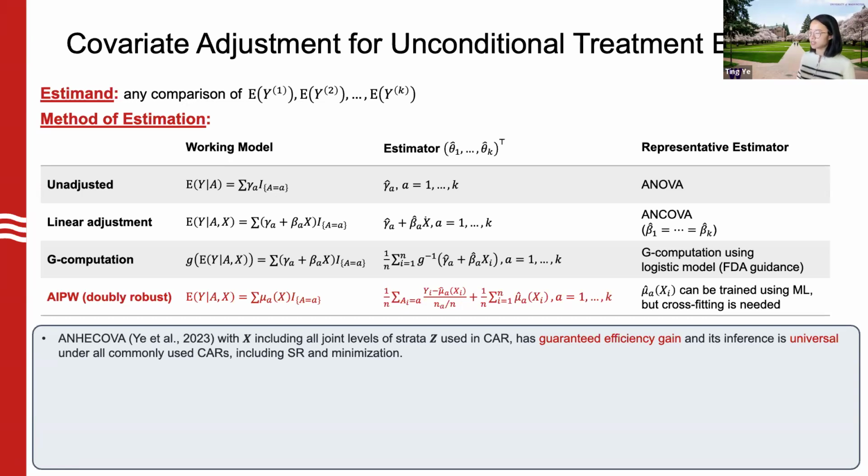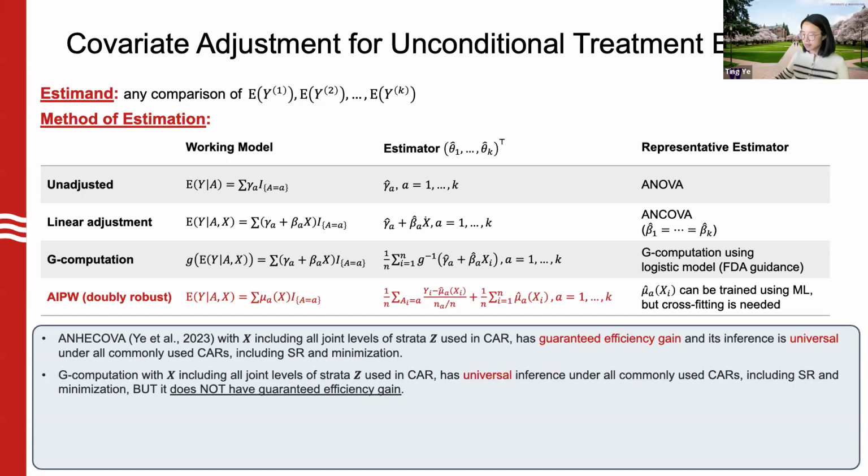This is nice because we can use the same estimator, and its asymptotic variance is the same across different randomization schemes. So we don't need to tailor or adjust the variance because we do stratified randomization.